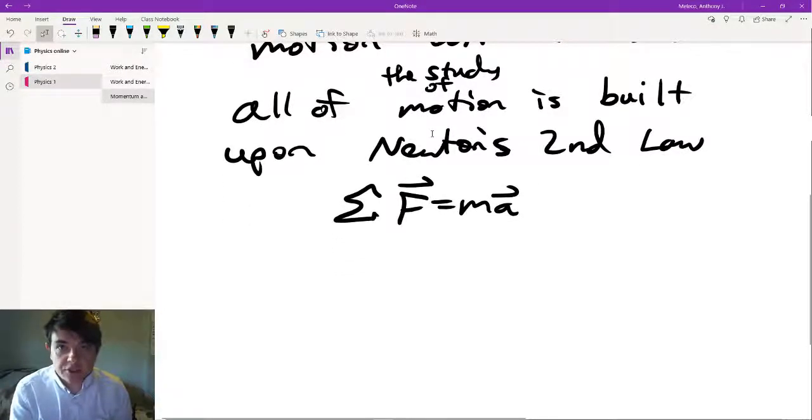If you can get the acceleration, you can then understand everything you need to about its velocity and position from that point on for all of time. And that's really useful for us in this class, right?